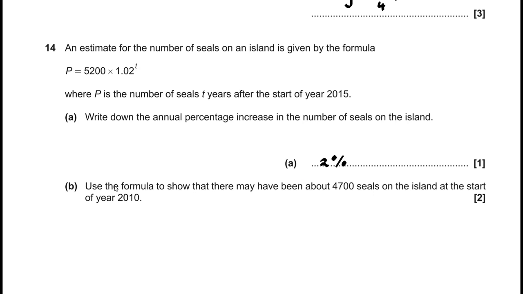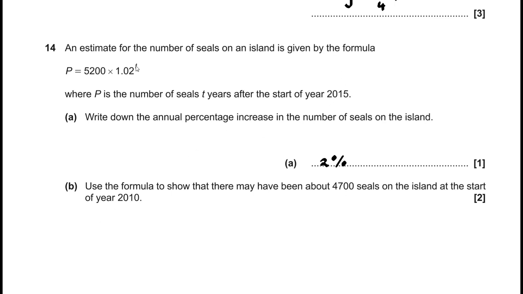For part B, we have to use the formula to show that there may have been about 4,700 seals on the island at the start of the year 2010. From 2015 to 2010, we have 5 years. Now here we are going from 2015 to 2010.